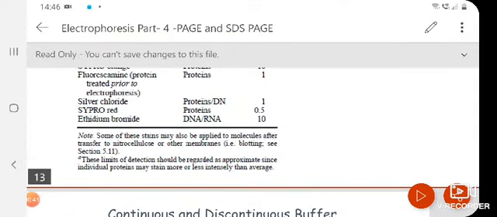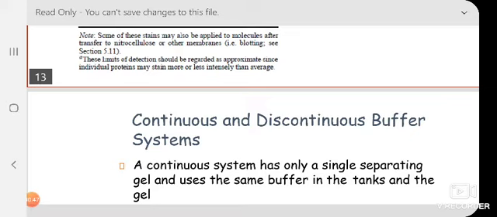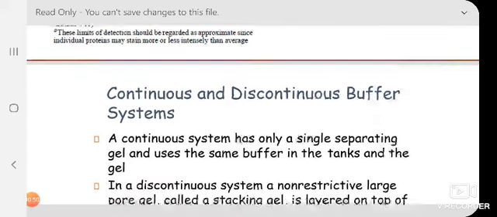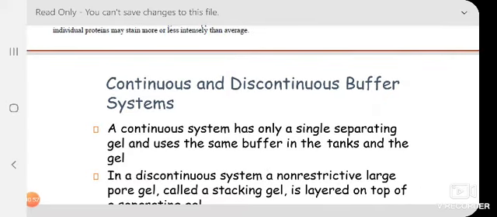Now, after that, we are going to move to the continuous and discontinuous buffer systems. What is the continuous system? It has a single separating gel and uses the same buffer in the tank and the gel. That means the running buffer, the buffer you use for the electrophoresis, and the buffer with which you prepare your gel are the same.